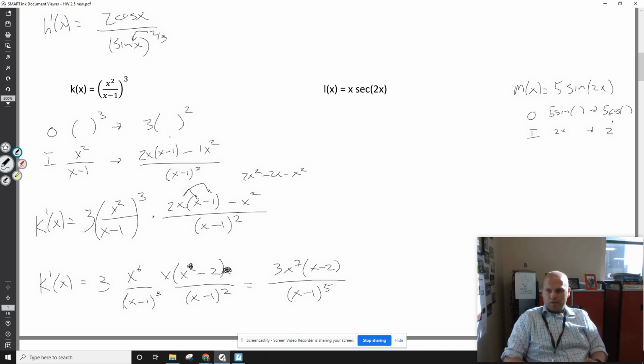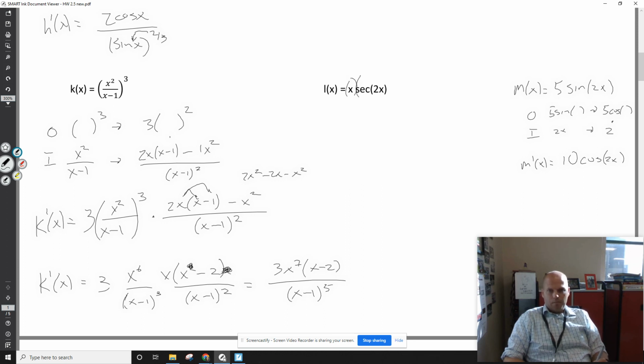When you multiply the derivatives of the composed functions, when you get m prime, you get 5 cos 2x times 2. The derivative of the inside is 2. That becomes 10 cos. What starts in the parentheses stays in the parentheses. Okay? Important one to see so that you realize it could be simple. 2x could be the inside, but the derivative of 2x is still 2. That's still something you have to worry about.